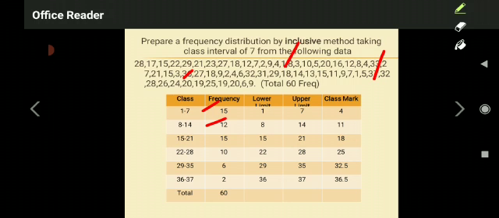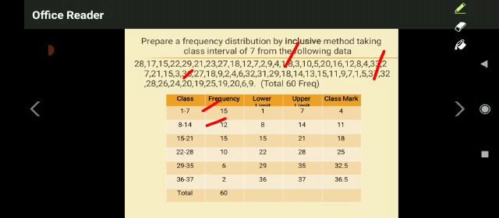And again you have to understand, the total number of frequencies must be equal to the total number of data given in the question paper. If it is more or less, your answer will be wrong. The frequencies must be equal to the total number of observations given in the question paper.